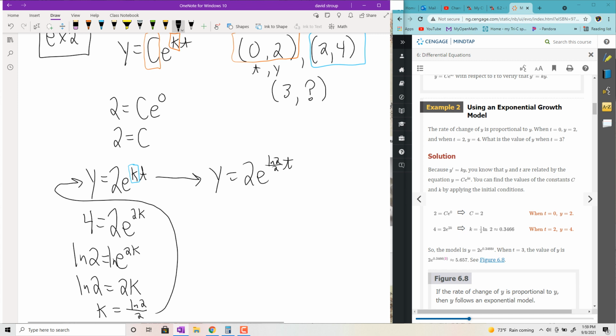Okay, so now I need to figure out what is y of 3. So I'm basically plopping 3 in for my t value. That's this last thing I need to do. Okay. So y of 3, what is that? That's 2e to the ln of 2 all over 2 times 3. And I need to put that in my calculator.